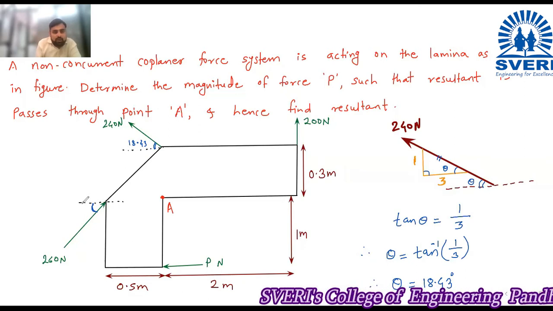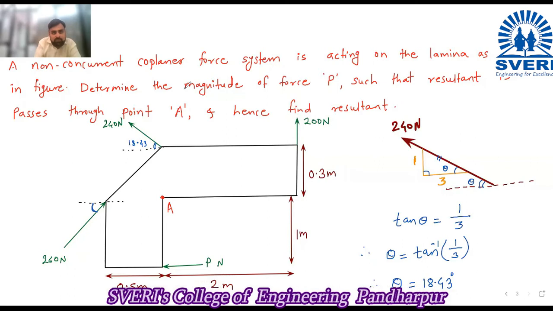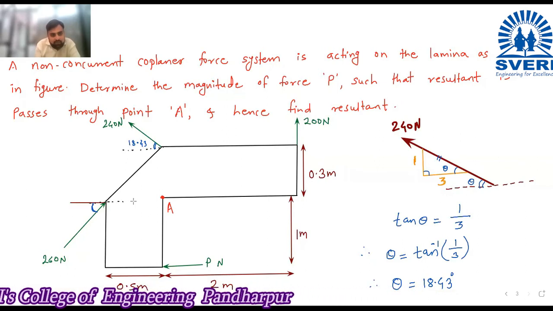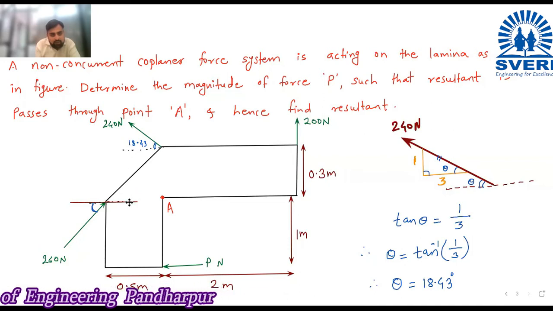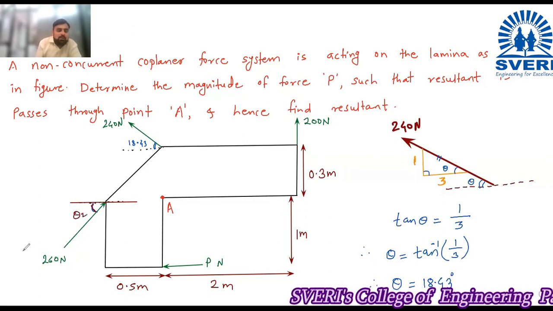See now, I have drawn here a horizontal line. This is our horizontal line, from where we measure the distances. If you see carefully, suppose this is theta 2, which is the angle I want to calculate.